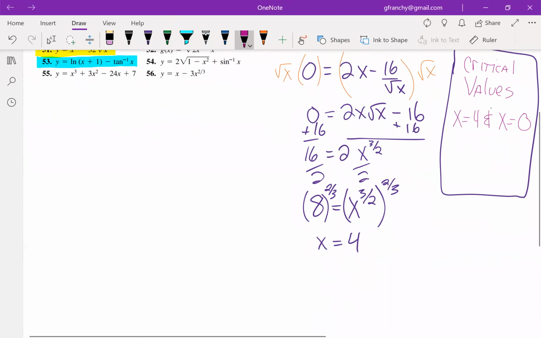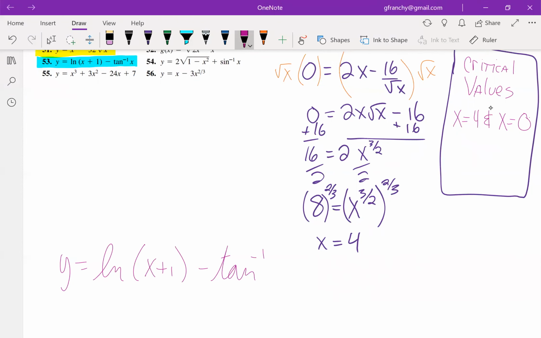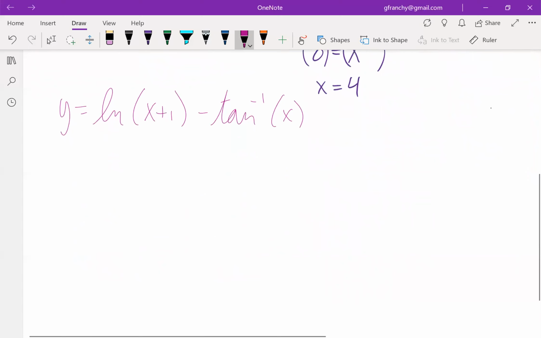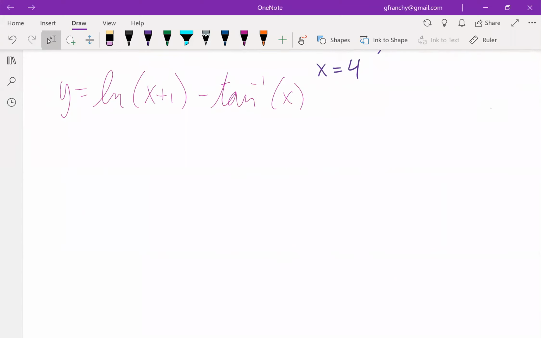Next, we're going to take a look at y equals natural log of x plus 1 minus inverse tangent of x. So again, we're going to want to take the derivative.